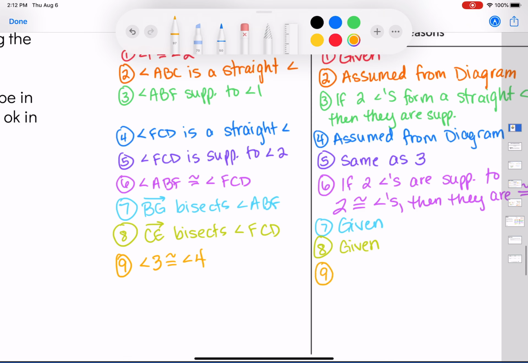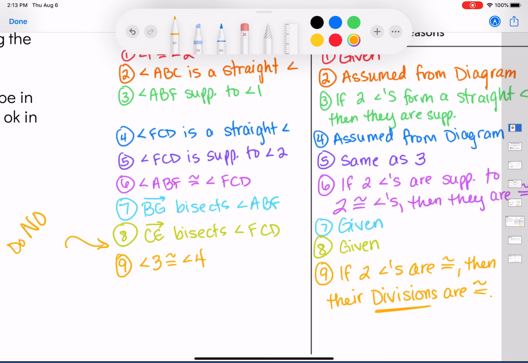And the division property was, if 2 angles are congruent, then their divisions are congruent. Okay, and I'm going to just make a little note here, right?